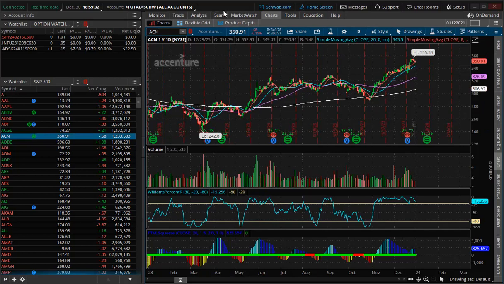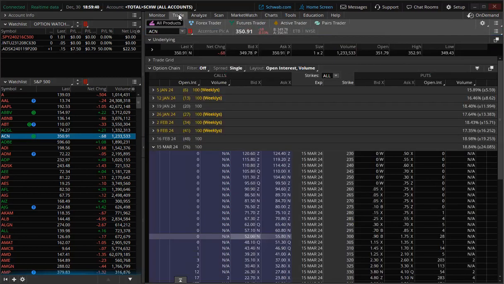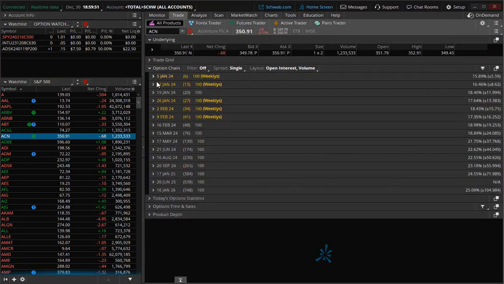Next, we are going to examine the trade tab, where we will be making most of our trades. We will go down to the option chain, and you can see that the option chain extends all the way into January 16th, 2026.